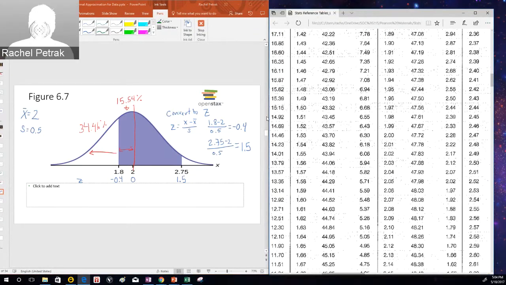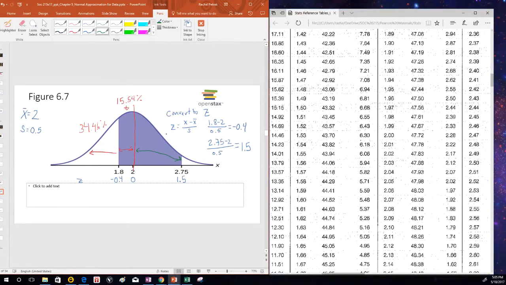So we can see here that at a z-score of 1.5, the mean to z proportion is 43.32. So that is now the proportion that goes from the mean here out to our z-score over here.